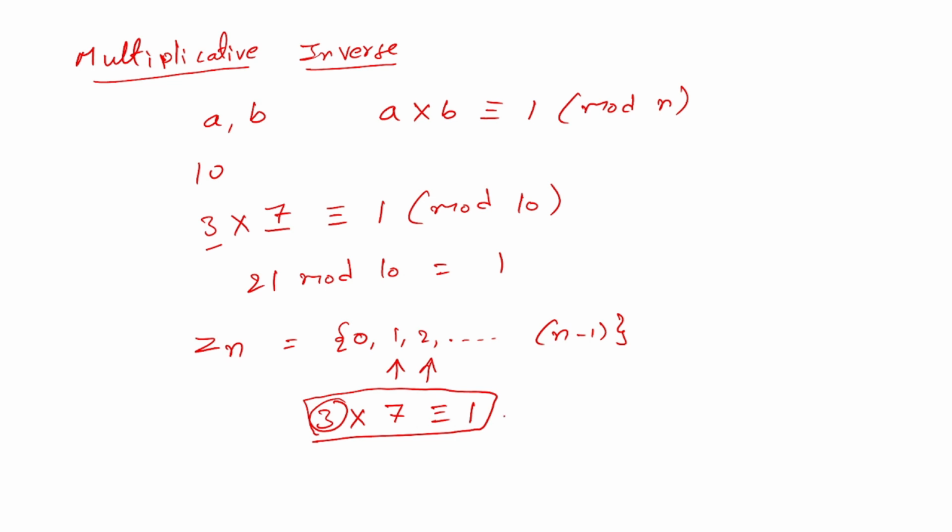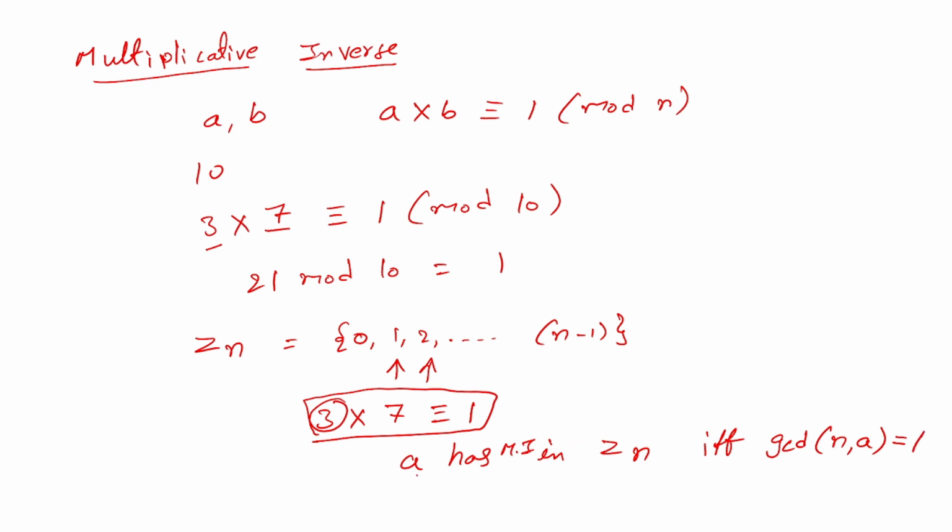It can be proved that A has a multiplicative inverse in Zn if and only if GCD of n comma A is equal to 1.